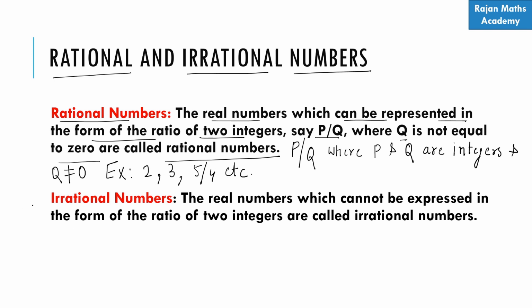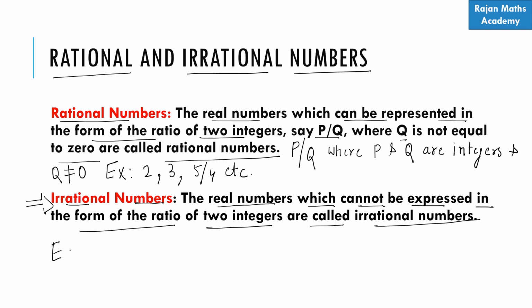And now irrational numbers. So what are irrational numbers? Irrational numbers, the real numbers which cannot be expressed in the ratio of two integers, are called irrational numbers.